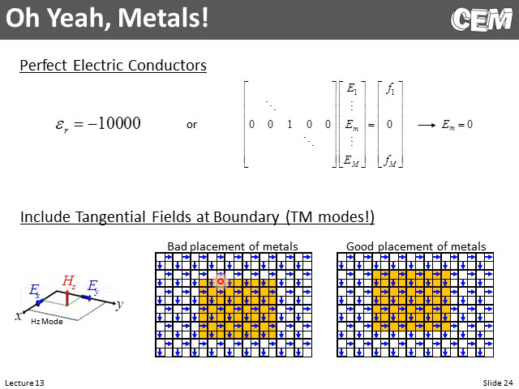So don't do that. A better way to place it is this way, where the first ones right inside the metal, or even a high dielectric constant, are tangential to that interface. This will converge much, much faster. But notice in doing that, we're actually requiring then that it slices through the middle of some of these cells. That way this tangential component here is tangential to the interface, but this component is perpendicular. These are in the same cell, but one's inside the metal, one's not, and it forces us to do things like this.